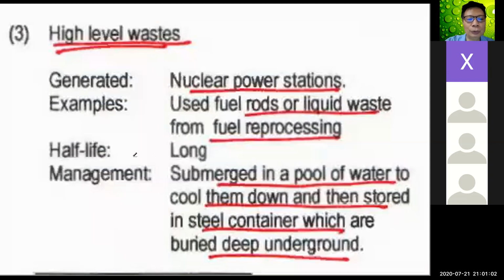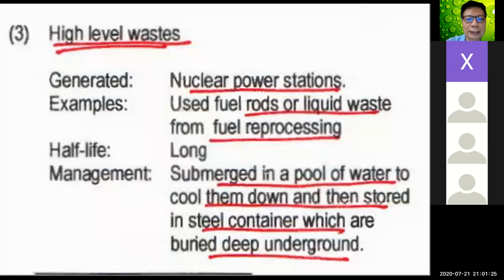And how to dispose of them? Submerge them in a pool of cold water to cool them. This one is very, very hot. You have to cool it down by putting it inside the water for 2 years. 2 years, not playing, very hot.